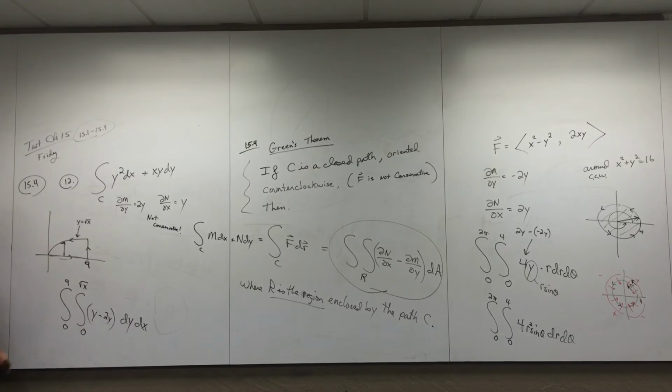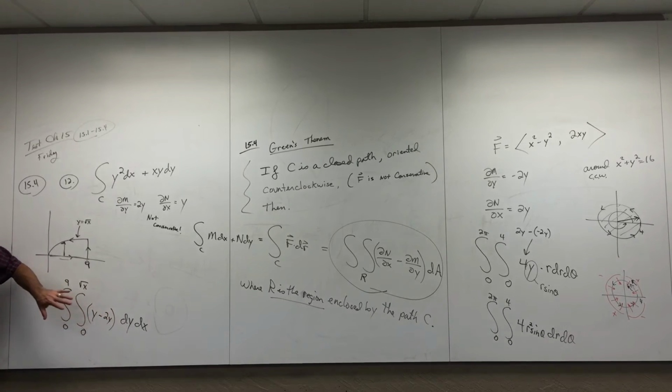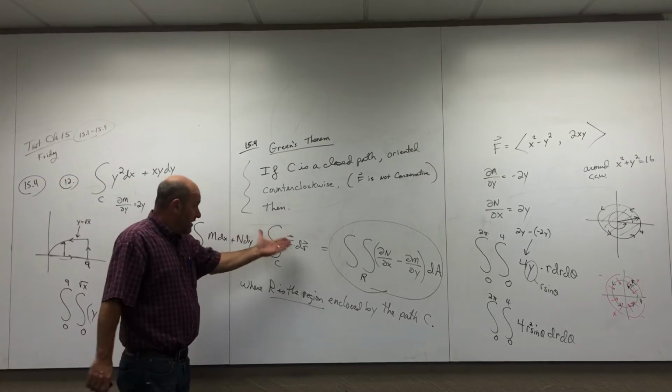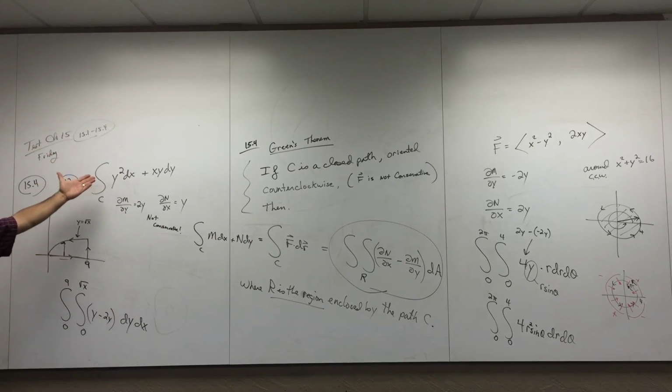Cool. That's it. It'll be the volume under this surface over this region. I mean, yeah, that's how we talked in chapter 14. Now in chapter 15, this double integral is not area or volume. Well, it could be considered area or volume, but this double integral is the work done by this integral. This integral can be done with a double integral. That is cool, man. That saves me so much time.